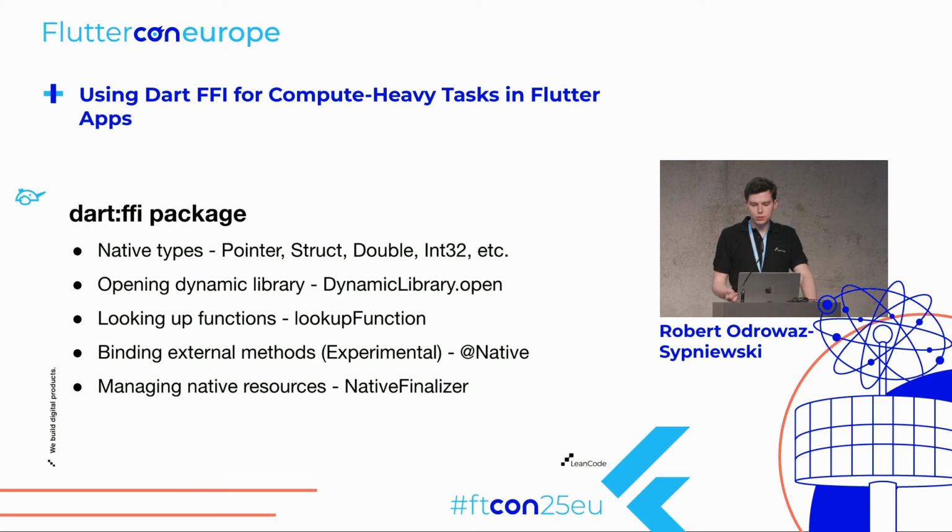It gives us a function to open and load our dynamic library during runtime, because we will need to do that, and look up functions from that library so that we can actually call them.